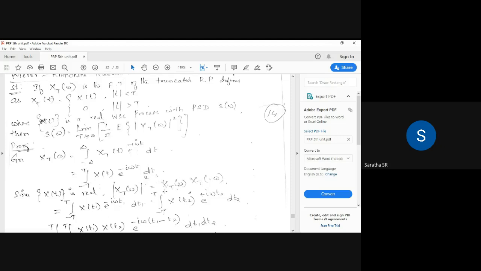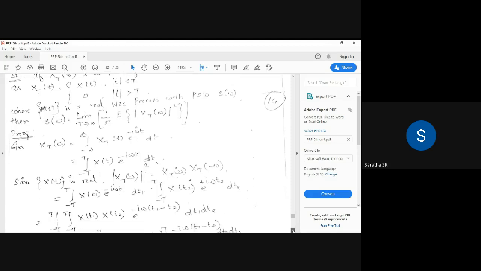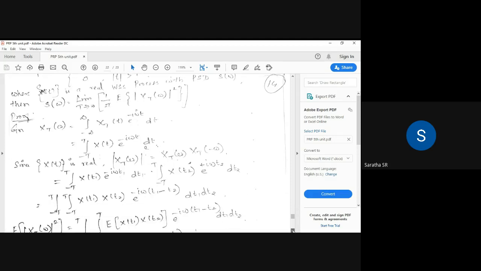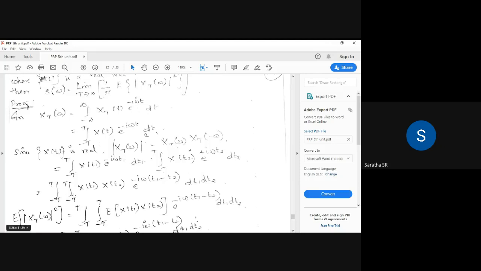We know the value of XT of omega from this; replace omega by minus omega, and take that variable as t1 and for this t2. Then you take the double integration, multiply x of t1, x of t2, then write e power minus j omega into t1 minus t2, dt1 dt2.